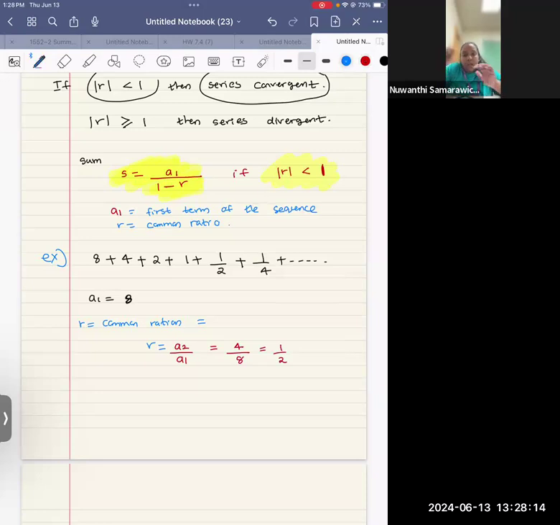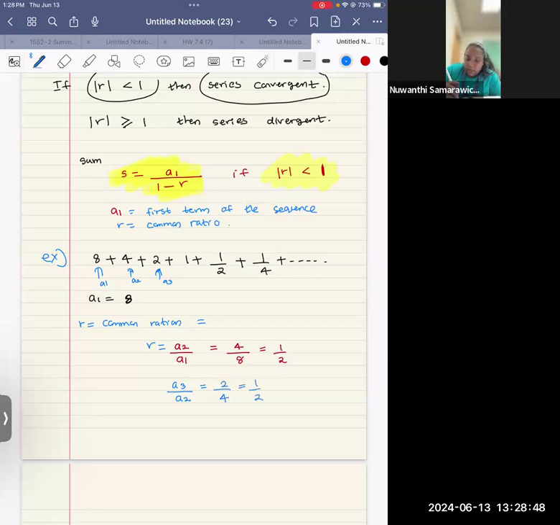Or else you can choose any terms. What about this term? This is the third term, this is the second term, this is the first term. You can also check A3 divided by A2. What is the third term and what is the second term? It's the same thing, 2 over 4, it's just half.